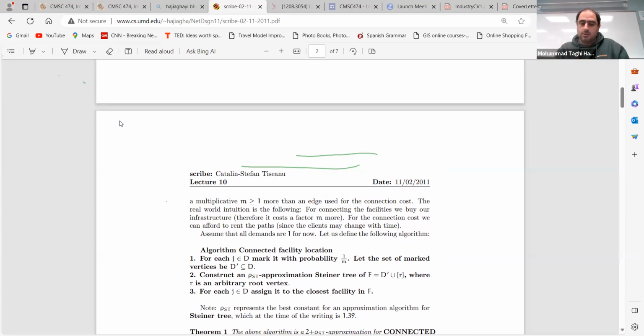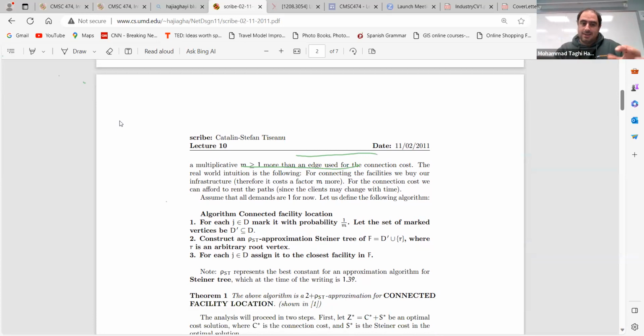This gives 2 plus rho of ST, where rho of Steiner tree is the current best 1.39, so 3.39 for connected facility location. The analysis is beautiful as well. This is a very simple algorithm with a very simple analysis, and that's the thing that makes it very beautiful. We will talk more about it next session. Okay, so I stop here for today's session.